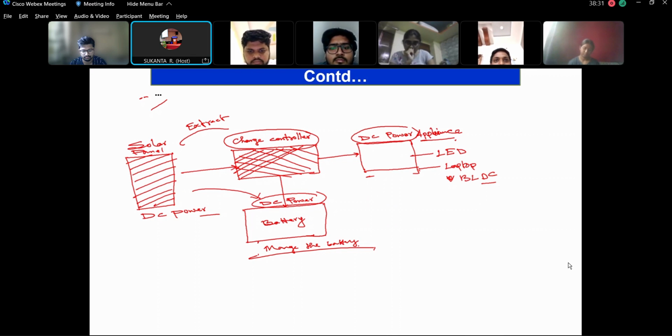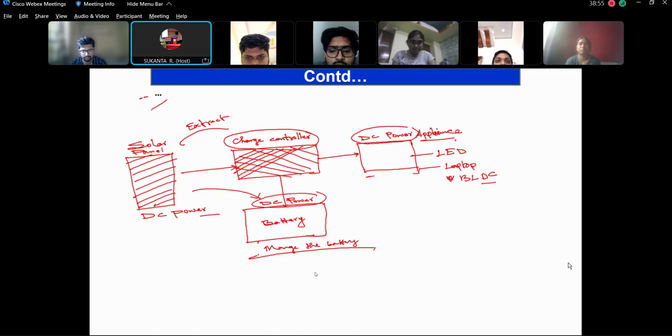Once there is a full charge, it will automatically disconnect, so there won't be any further charging of the battery or energy storage system, and it provides the appropriate DC power to all the appliances.